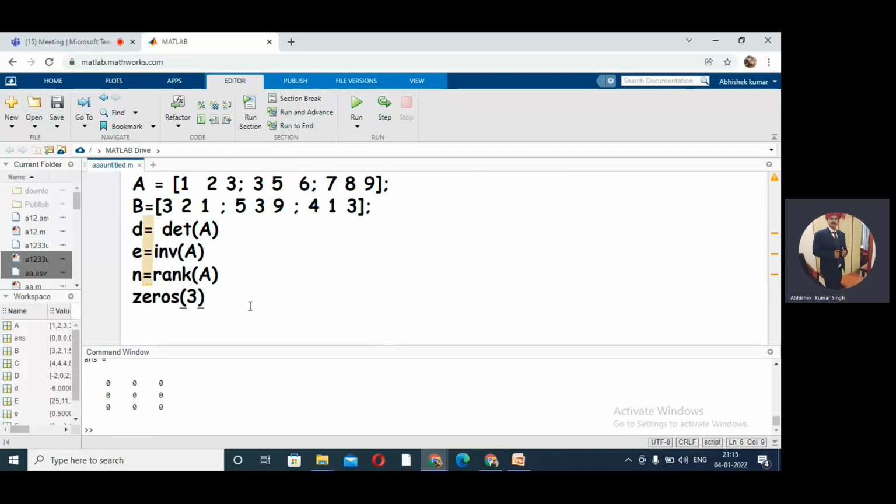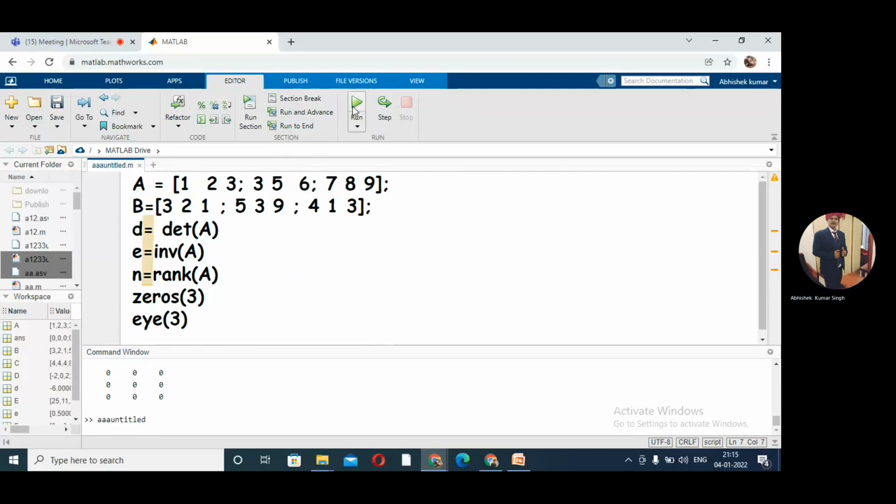How to get the identity matrix? For that, the MATLAB command is EYE. So we get the 3 cross 3 identity matrix. Let me check that. Yes, we got the identity matrix of 3 cross 3. So these are some basic commands for matrices in MATLAB.